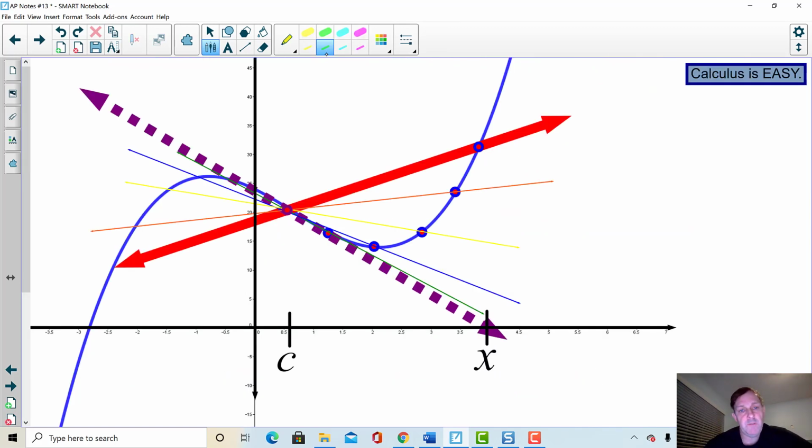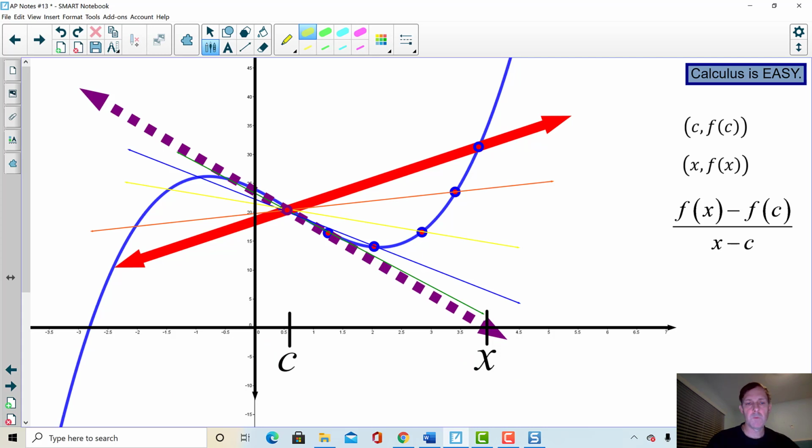Okay, now we're going to look at even another way that you can do it. If we call this value x and this value c, so this point is going to be c and then f of c, and this point is going to be x and then f of x. Just like before, we're going to use the slope formula. We want to do y2 minus y1, that goes on top.